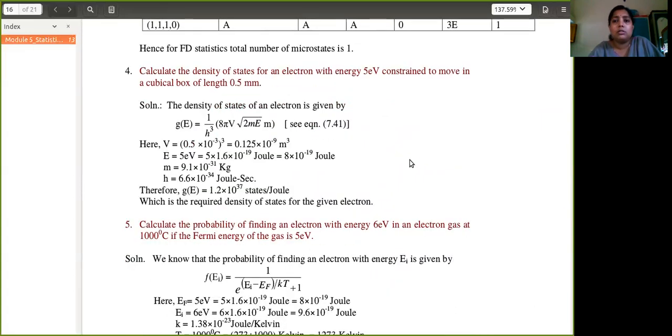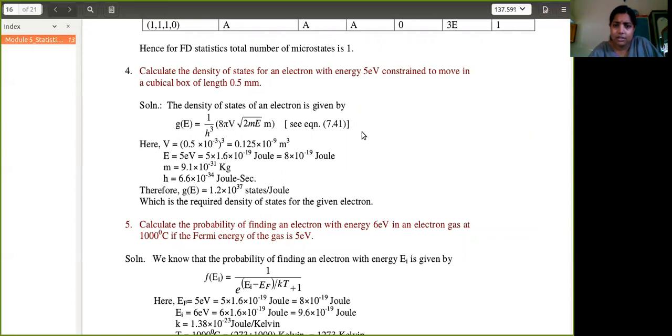Now we move on to the next problem, which says to calculate the density of states for an electron with energy 5 electron volt, constrained to move in a cubical box of length 0.5 mm. Density of states, that means you have to find out G(E) equal to this. All the values are given.